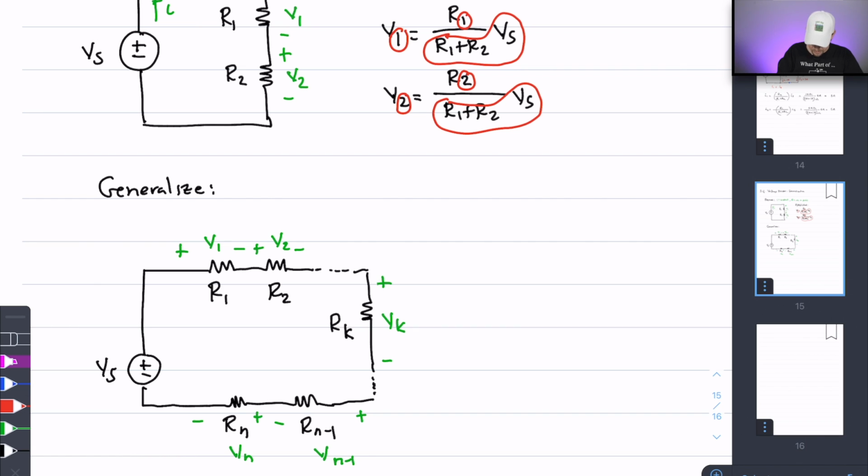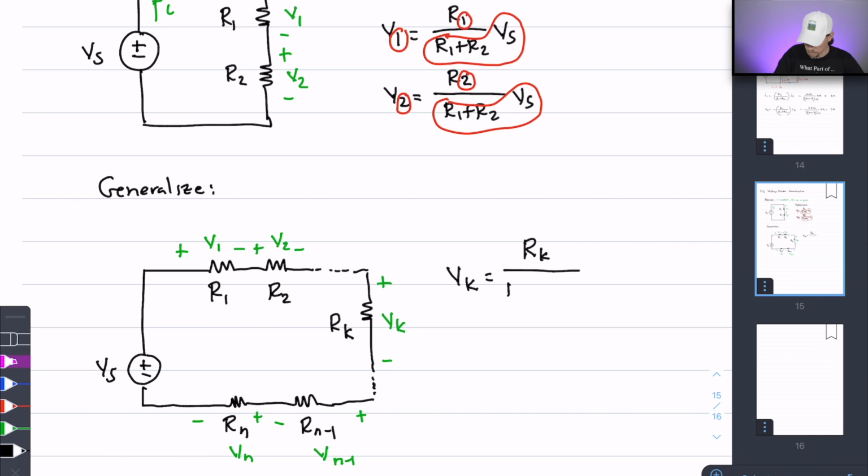So copying the same mathematical form, one of the things that we can do is find the voltage V sub k as R sub k, except now we're going to divide by the sum of all of the resistors contained within our voltage divider.